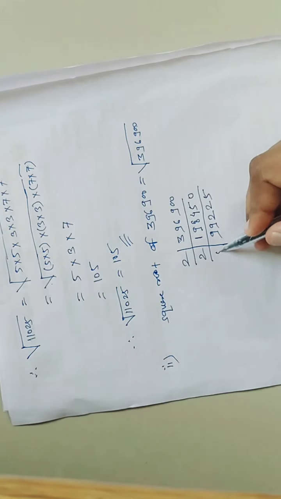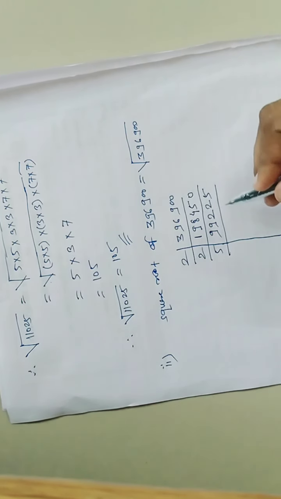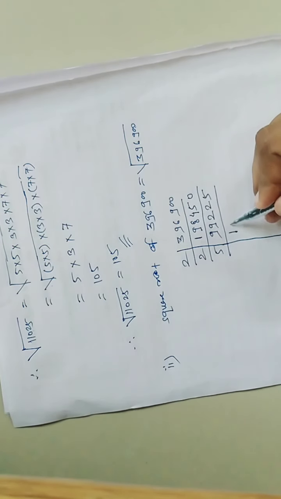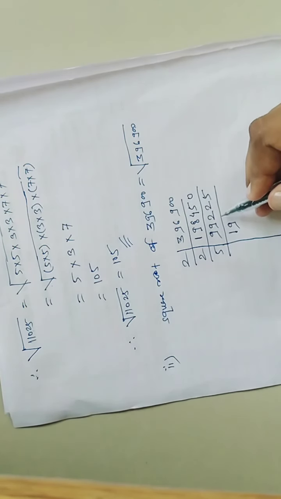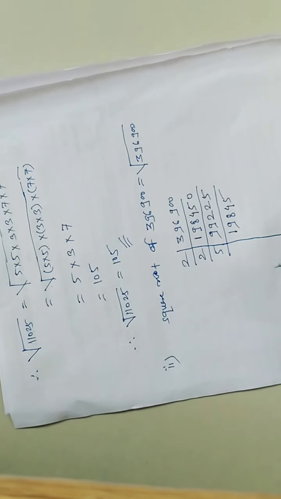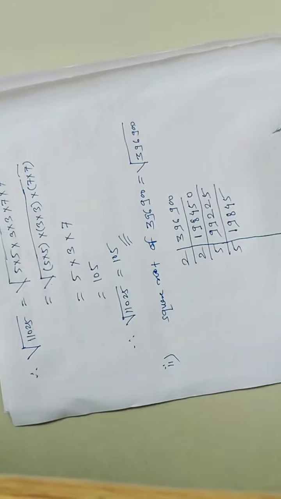Again this number is divisible by 5. 5 nines are 45, then 5 eights are 40, 5 fours are 20, 5 fives are 25. Now again it is divisible by 5.